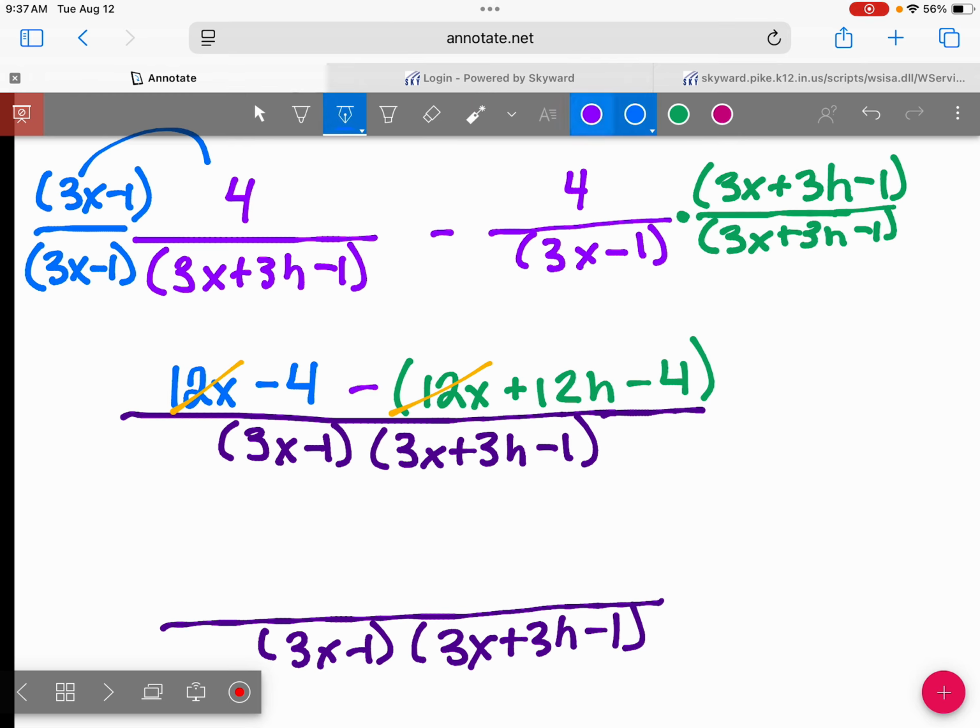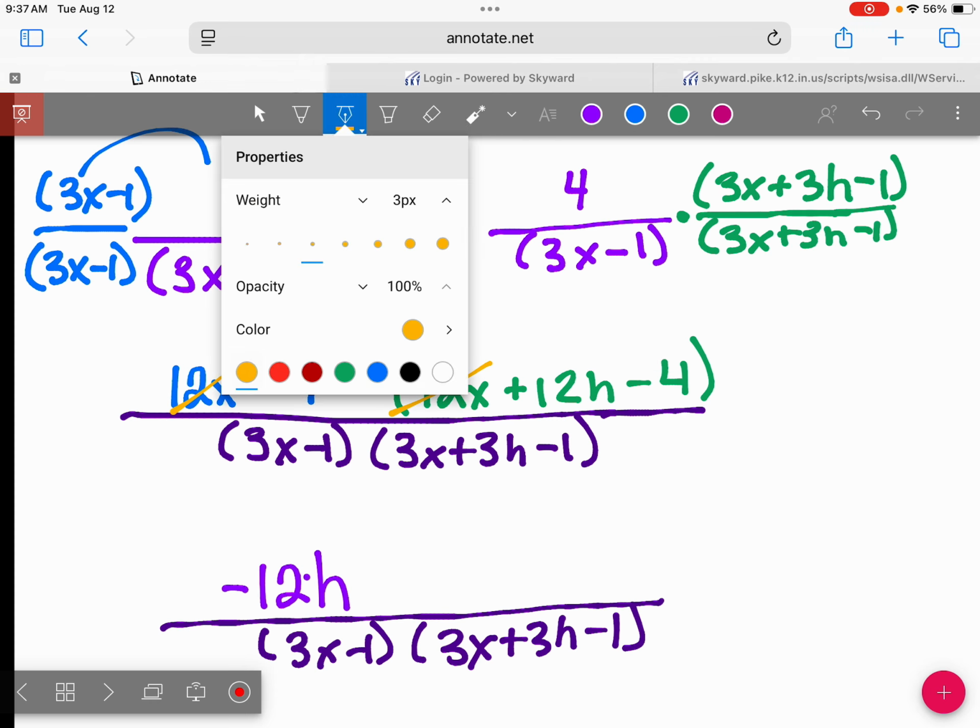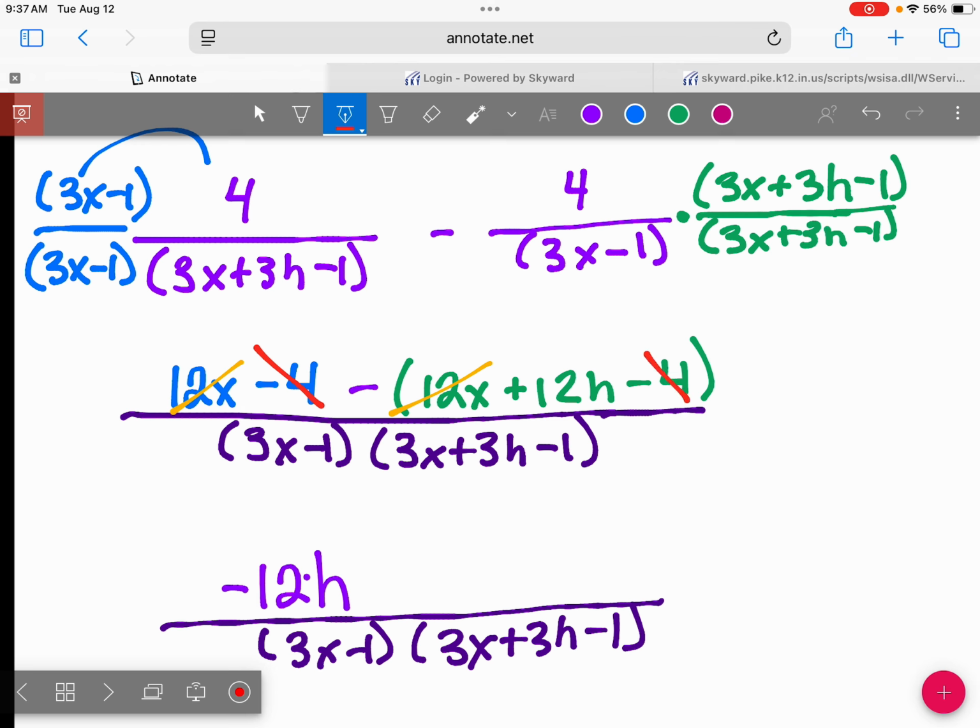Make it a negative 12h. Because we have this minus our 12h. And then we have negative 4 minus negative 4. They're going to cancel out because that's the same thing as negative 4 plus 4. So those guys cancel out. So we just have minus 12h in our numerator.